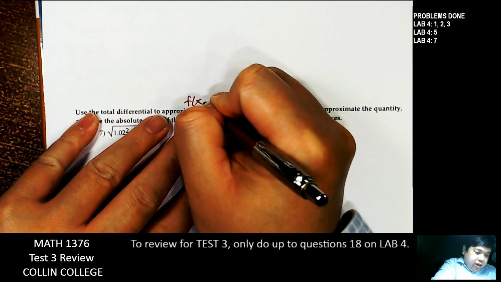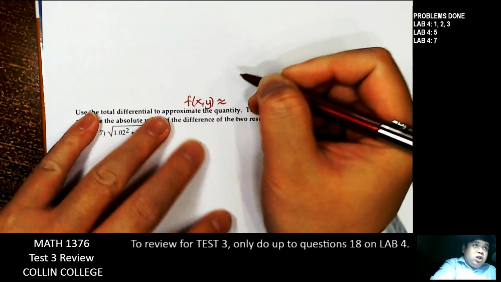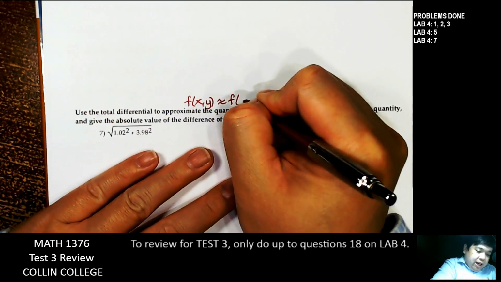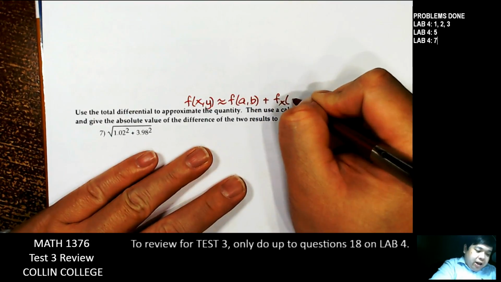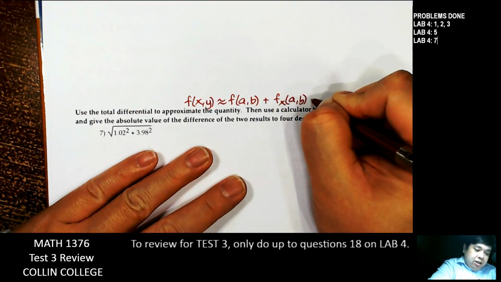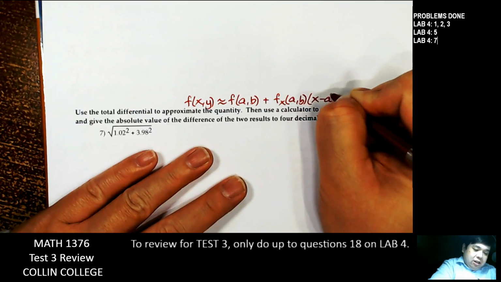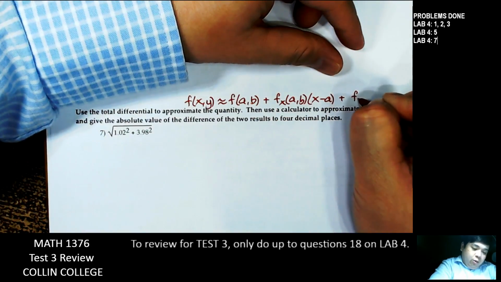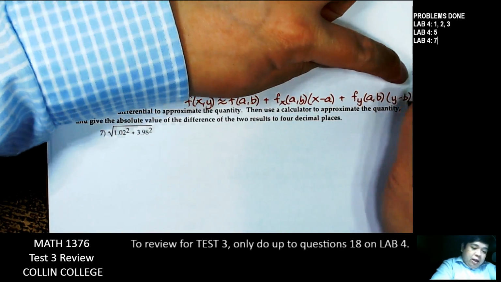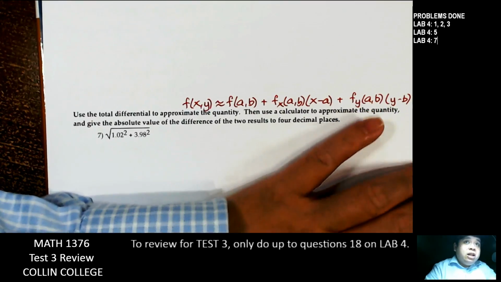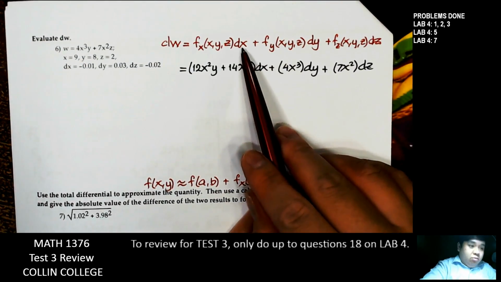F of x,y approximately equal to the function at a,b plus derivative with respect to x at a,b times x minus a plus fy at a,b times y minus b. So the x minus a and y minus b in a sense is dx and dy.